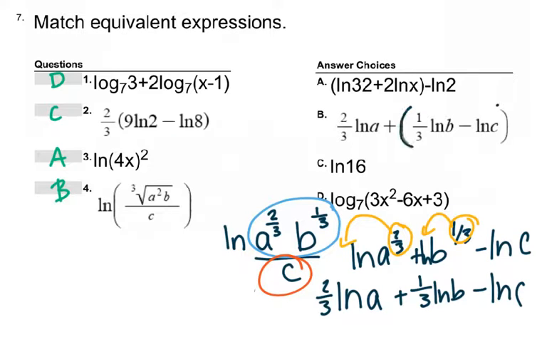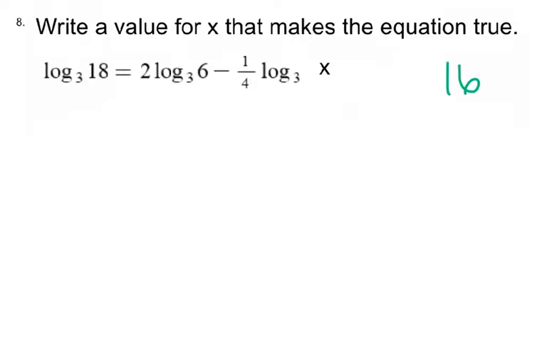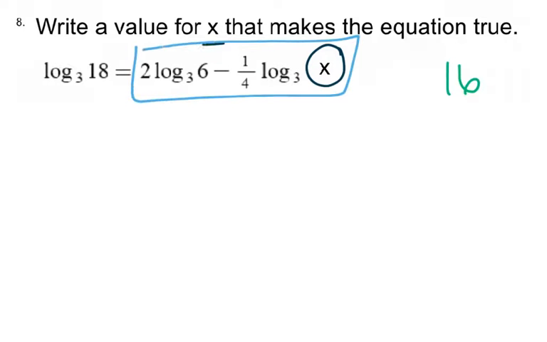So this has some weird parentheses, but they're kind of just misleading because they don't really mean anything. Okay, so for this one, you had to write in a value for x that makes the equation true. You could have guessed and checked numbers and plugged them in until you got to 16. Or we can use the properties of exponents. So I'm going to condense this side.